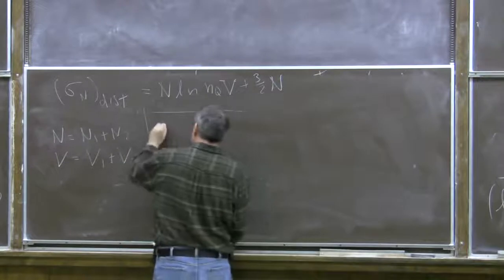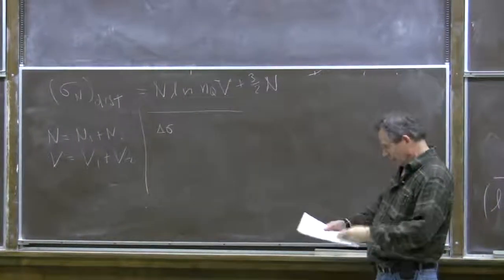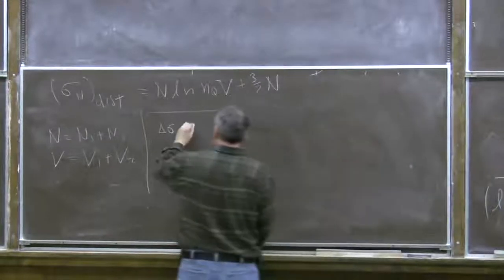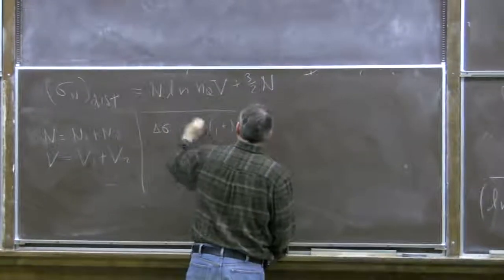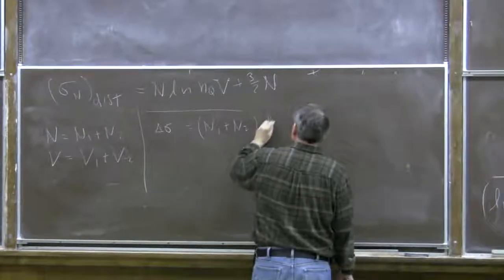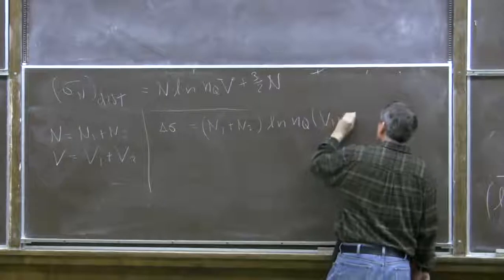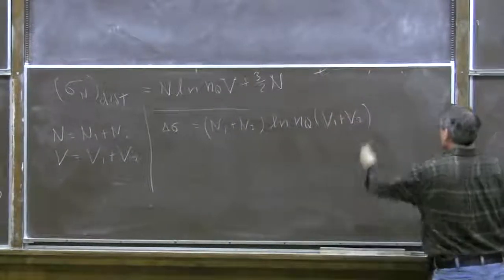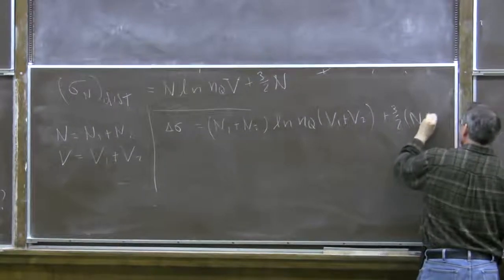I'll call that delta sigma. The entropy after we remove the partition and the gases mix up, that's going to be the total number of particles N1 plus N2 times the log of quantum concentration times total volume V1 plus V2 plus 3/2 N1 plus N2.